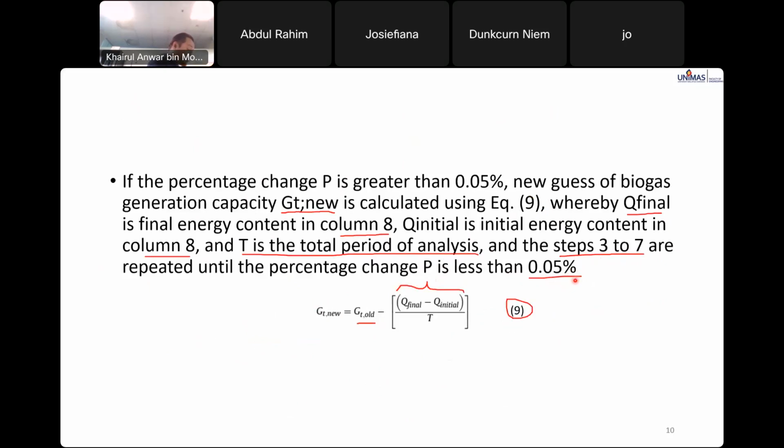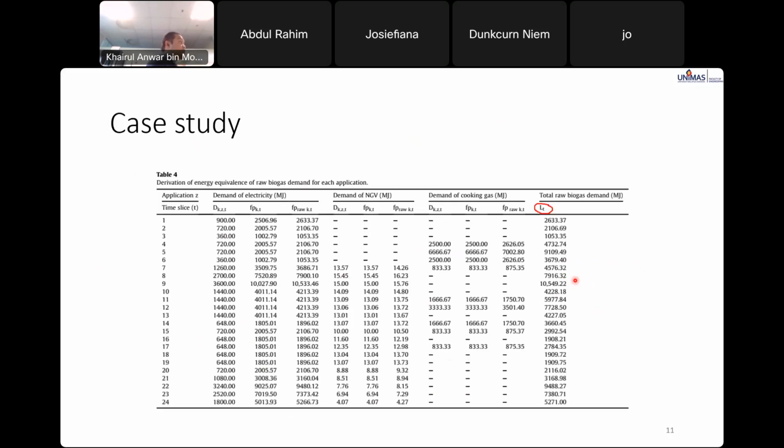So table 6 here shows the final JASCA iteration. Not sure how many iterations they do. They didn't inform how many iterations. This is table 4.